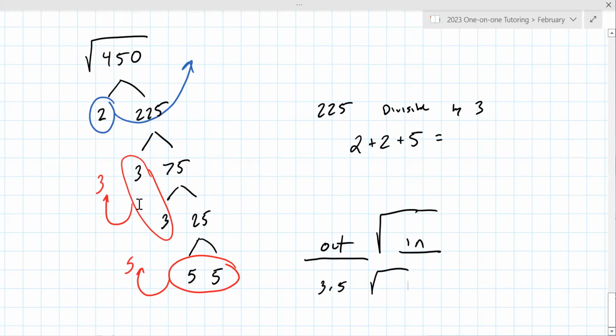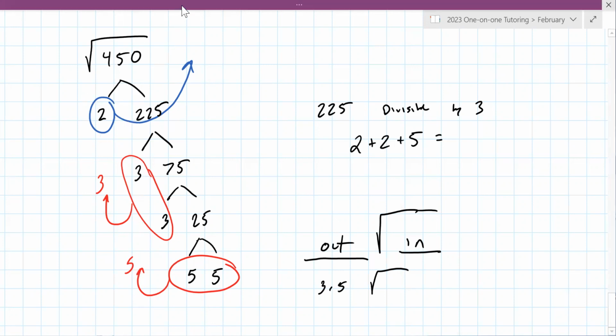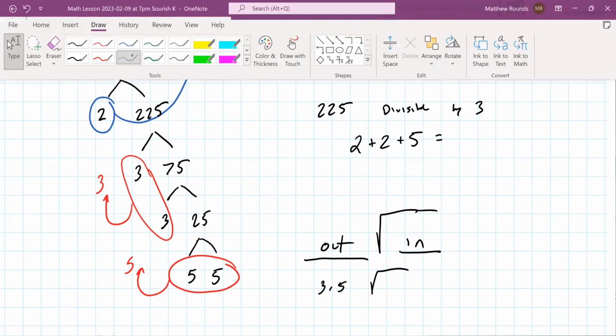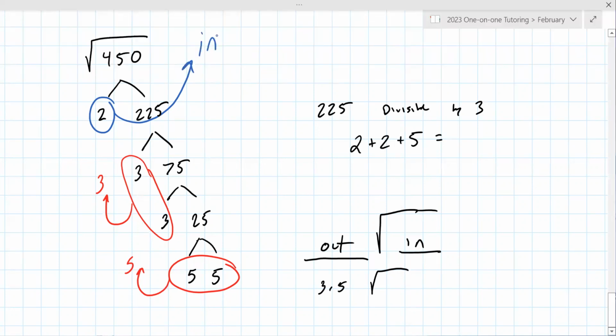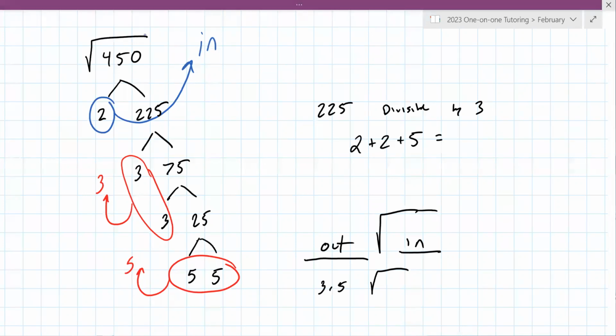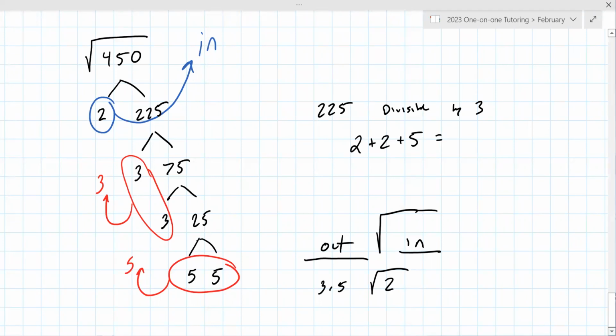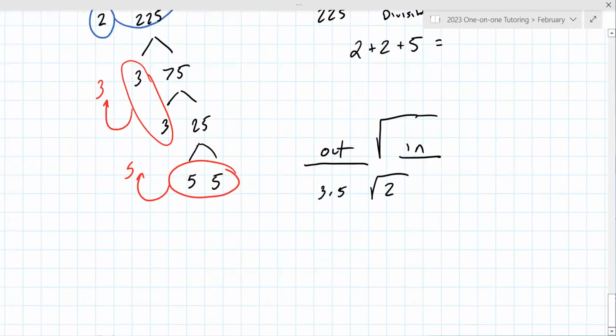If it's a pair, it comes out. If it's not, it stays in. 2 stays in. Okay. What is 3 times 5? 3 times 5 is 15.